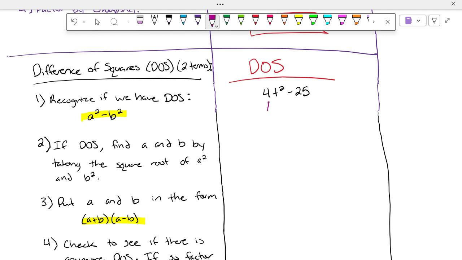So first off, I'm going to take note that 4t squared is a perfect square. And 25 is a perfect square. Thus, and we're subtracting, so we have a difference of squares.